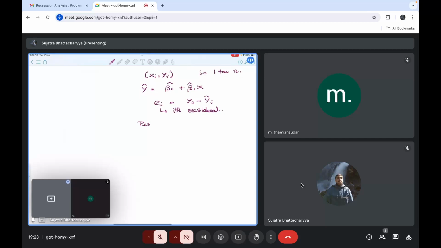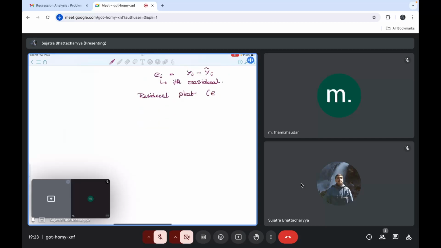We have seen in the last lecture how the residual plot is plotted. It is actually e_i versus y_i hat, not with y_i, because e_i and y_i share a linear relationship. There is discussion there.